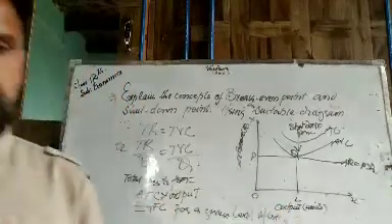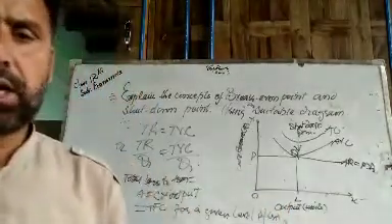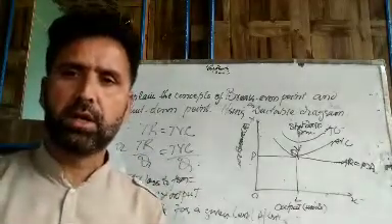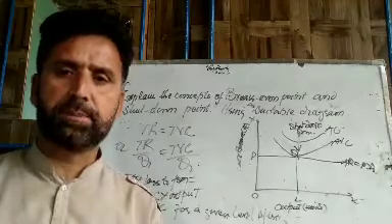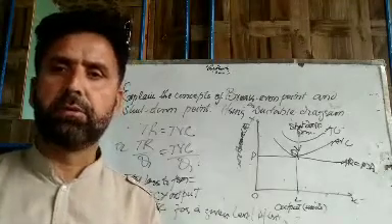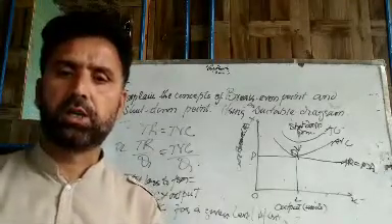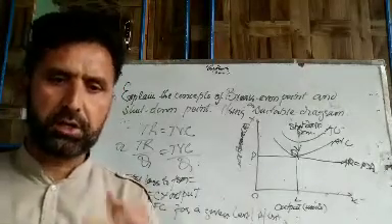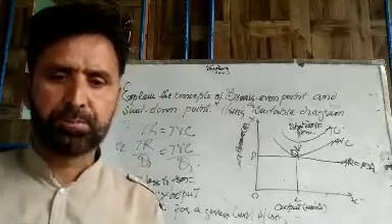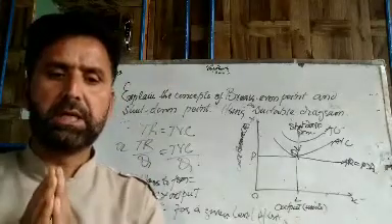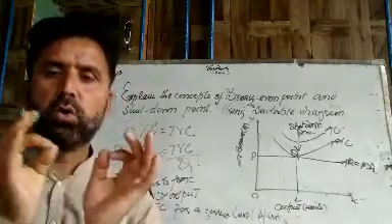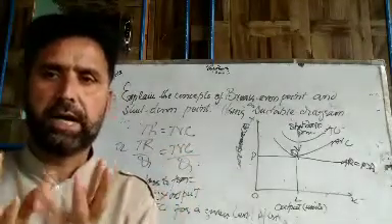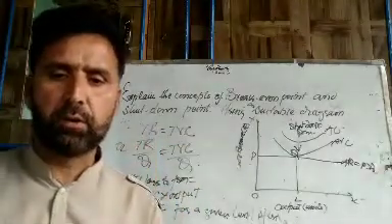So dear students, there are many illustrations and many examples for which we have to explain this break-even point or shutdown point. In short, the break-even point means where total revenue is equal to total cost. When we say in short, what is this break-even point?